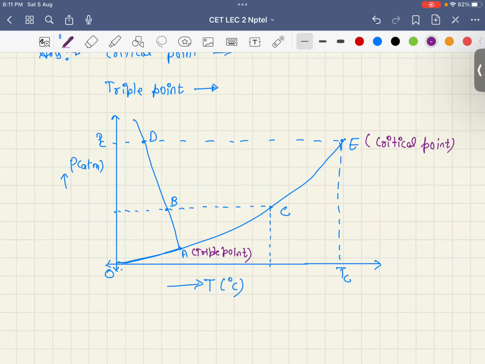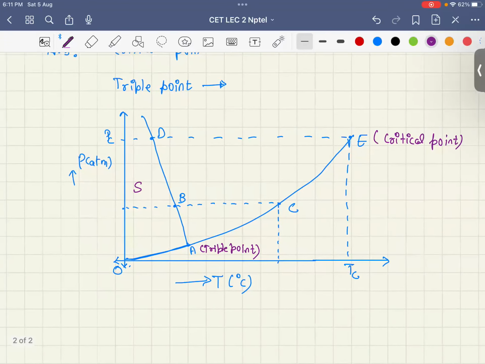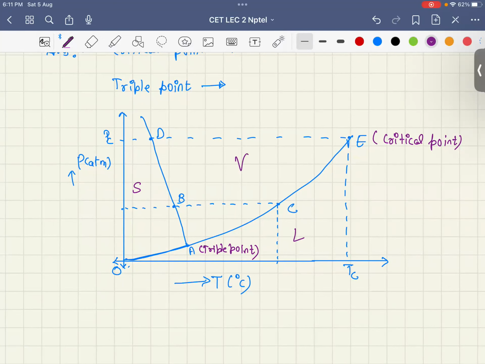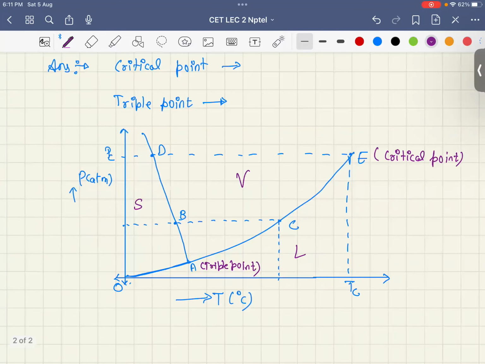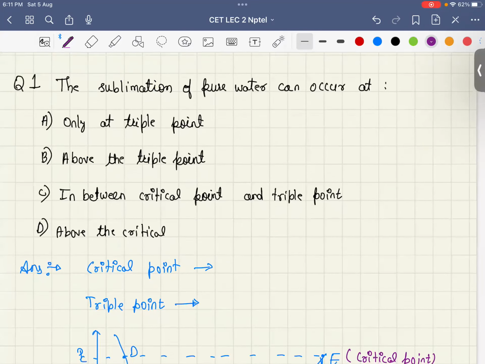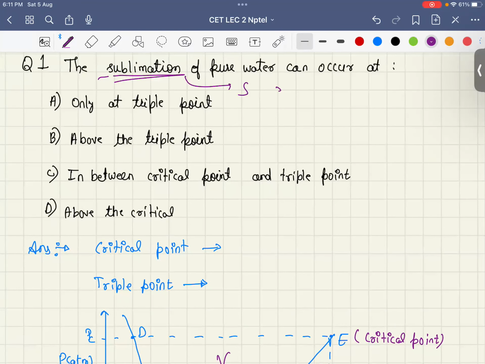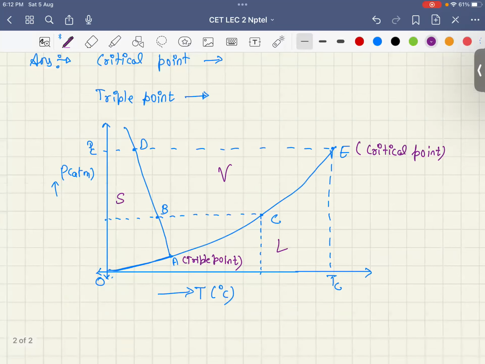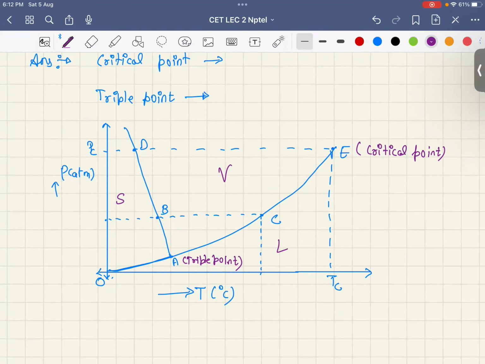In this phase it is solid, here it is liquid, and here it is vapor. Clearly our question is sublimation. Sublimation means solid to vapor conversion, and this will occur in this region.